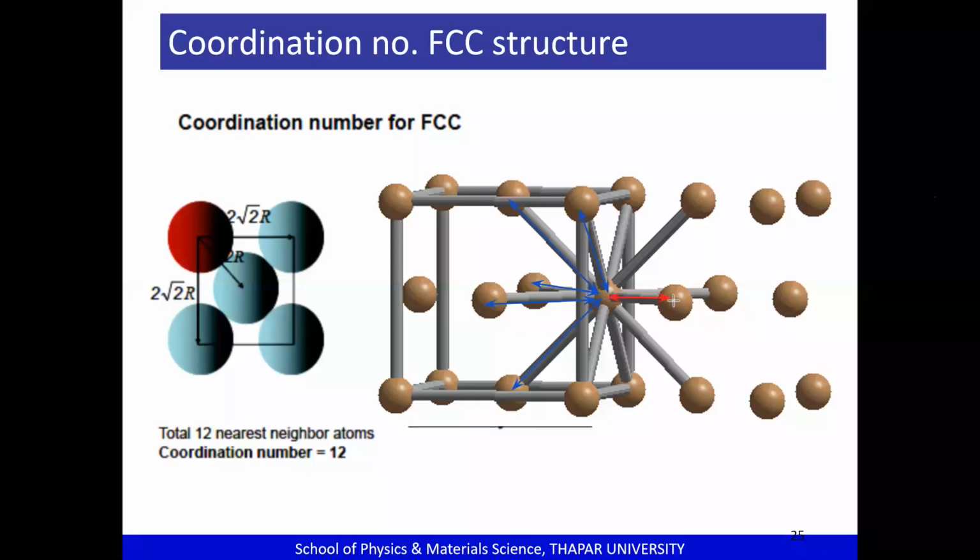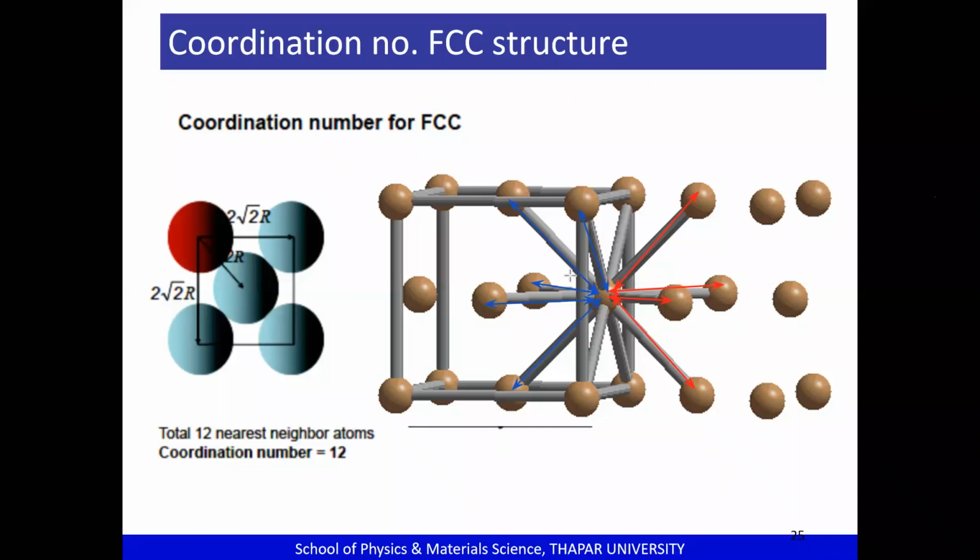This is the front face central atom, this is the back face central atom, this is the top and this is the bottom. So 4 on the back, 4 on the front and the remaining 4 within the plane. 4 plus 4 plus 4 makes the coordination number equal to 12.